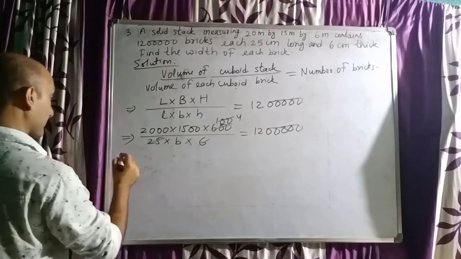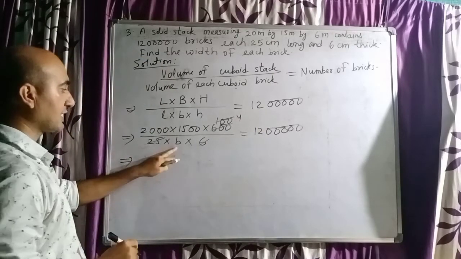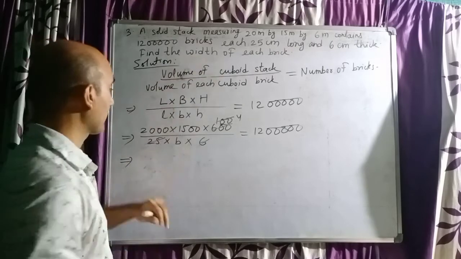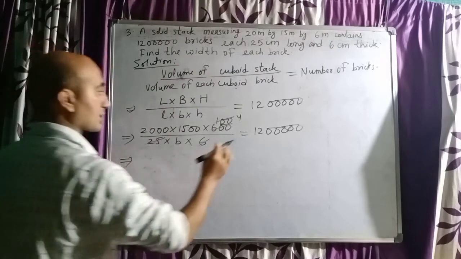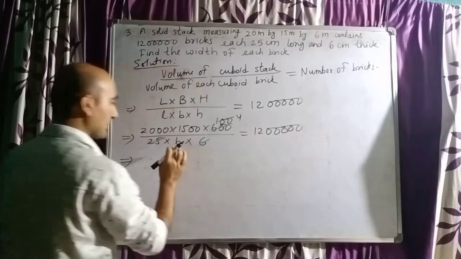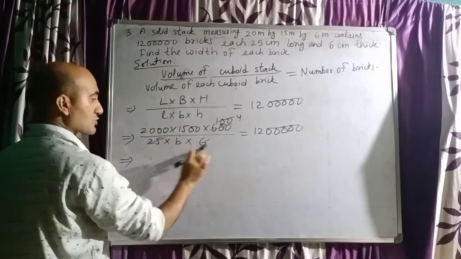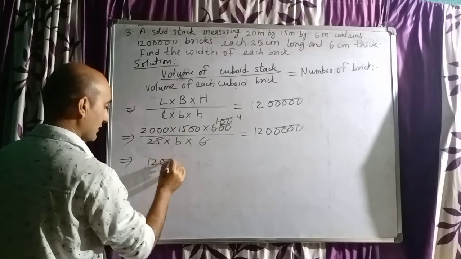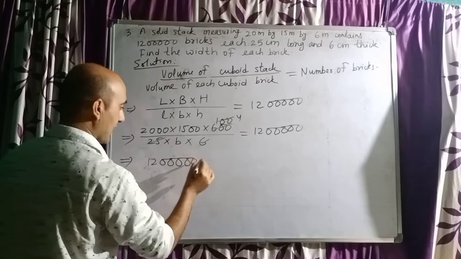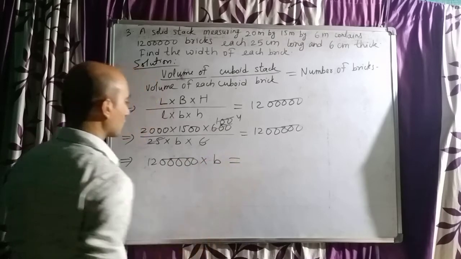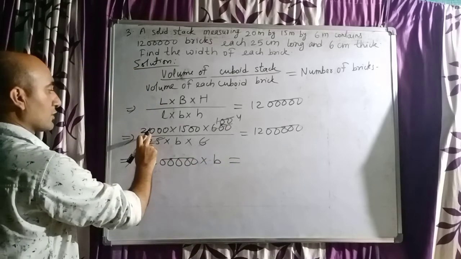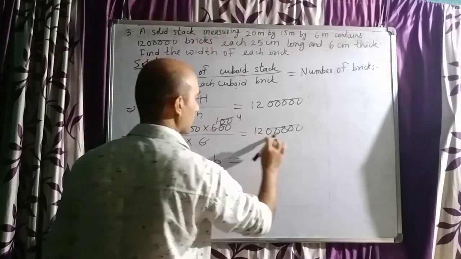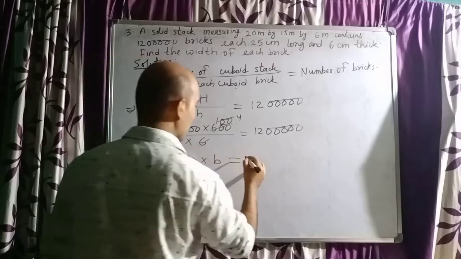Okay, next children, we have to find the value of this B, the breadth or width of the brick. So let us go for cross multiplication. So 12 lakhs will multiply with B because the rest have all vanished, they have cancelled. So our result will be 12 lakhs into B equal to, and this 1500 and 4 will cross multiply with 1, so they will also be the same.